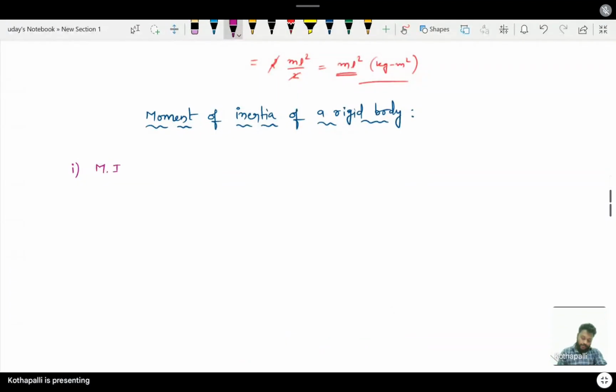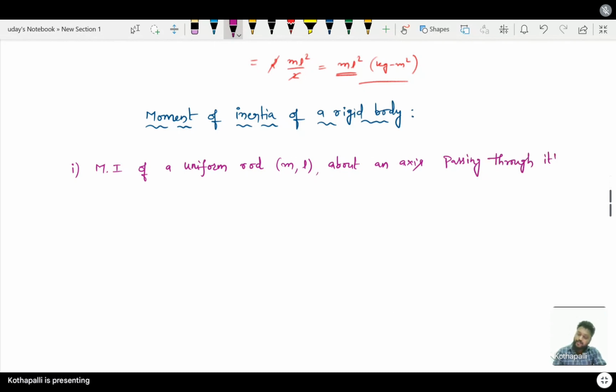Moment of inertia of a uniform rod of mass m, length l, about an axis passing through its end at an angle theta.